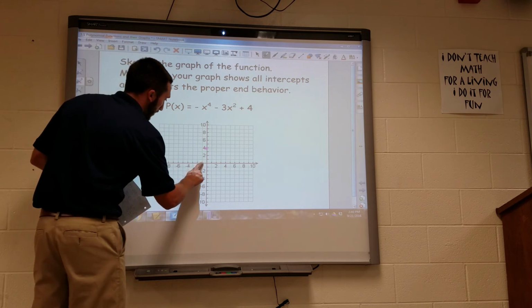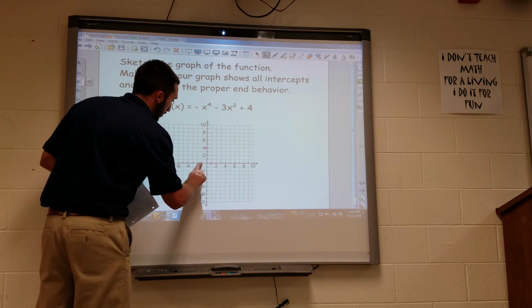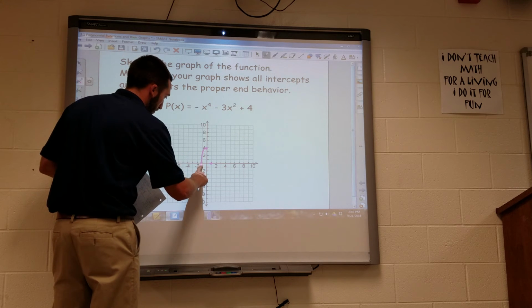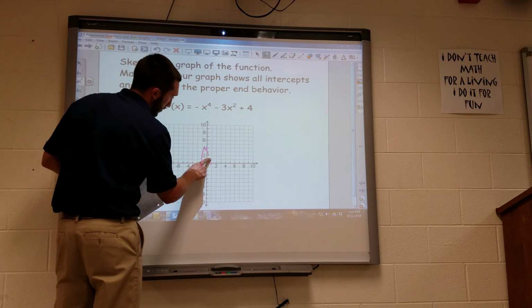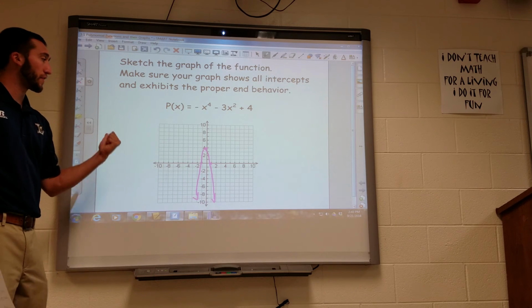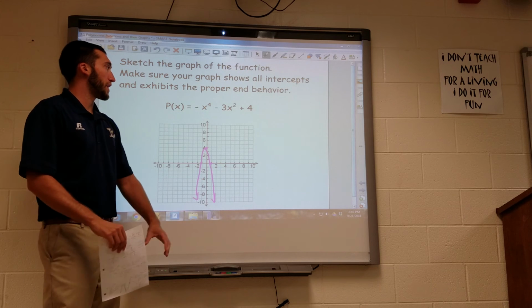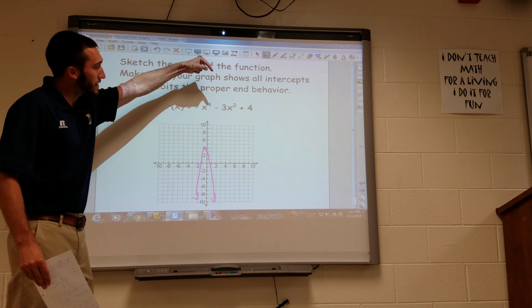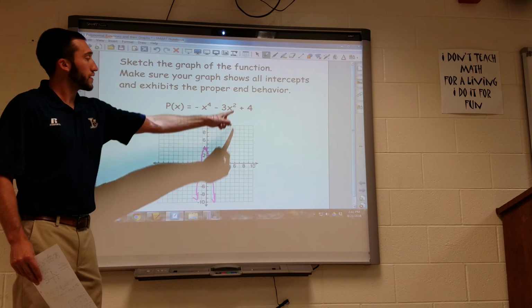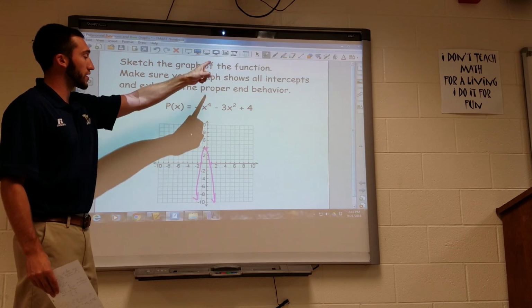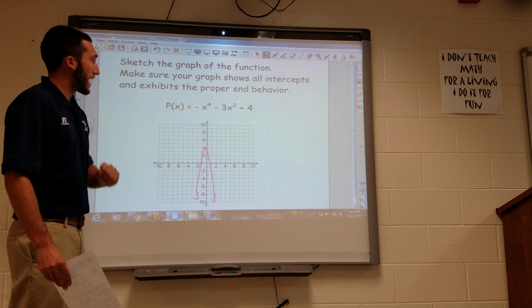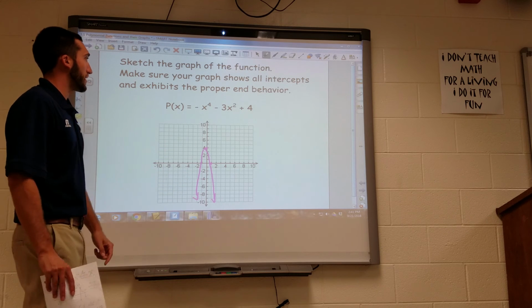The x-intercepts are at 1 and -1. And we saw my end behavior going to negative infinity on the left and negative infinity on the right, because it is an even degree and we've negated it. Typically an even degree with a positive coefficient is going to go up, but since it's negated, it's going down.